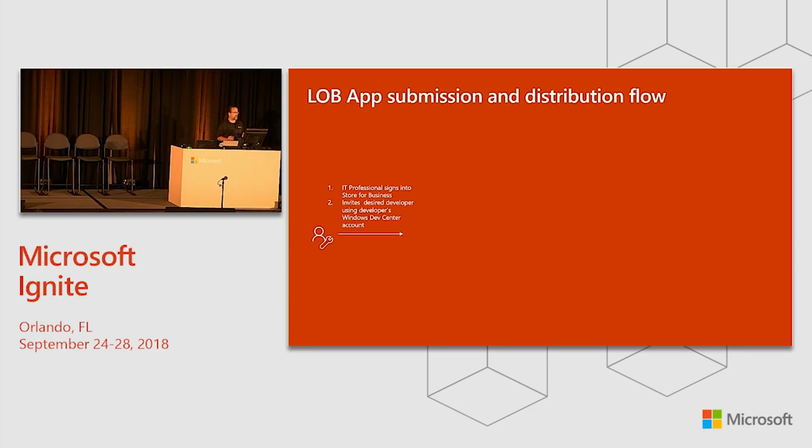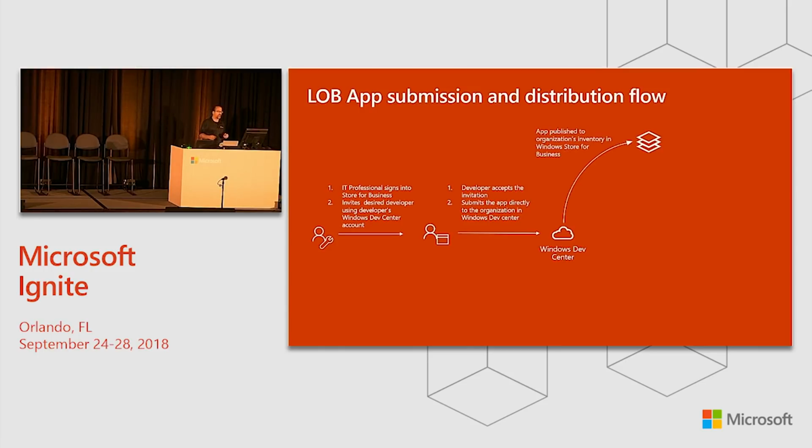And what happens then is the IT pro will sign into the store for business and will invite your organization's developer using a developer's Windows Dev account. And the developer will accept the invitation, submit the app directly to the org in the Windows Developer Center. The app is then published to the organization's inventory in Windows Store for Business.